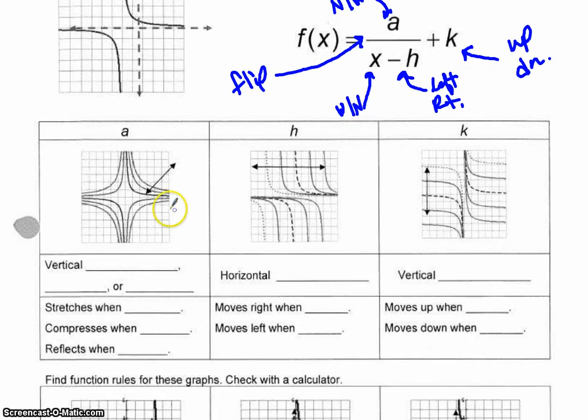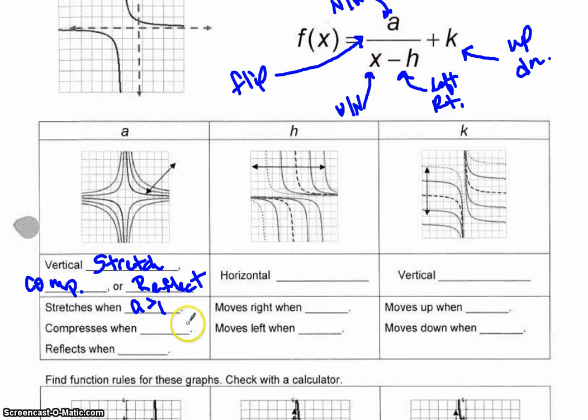So, vertical stretch or compression or reflection. Those are the three things that can happen. Okay? It is going to stretch if a is greater than 1. In other words, if you have a bigger number than 1 up here in the top, it's going to have a vertical stretch.